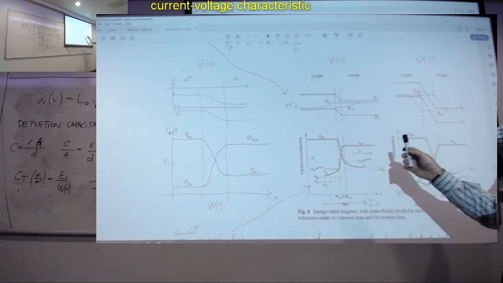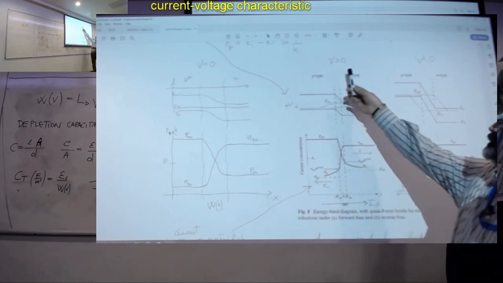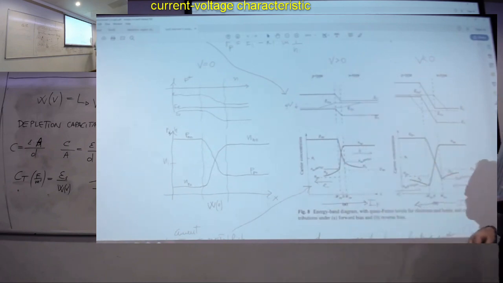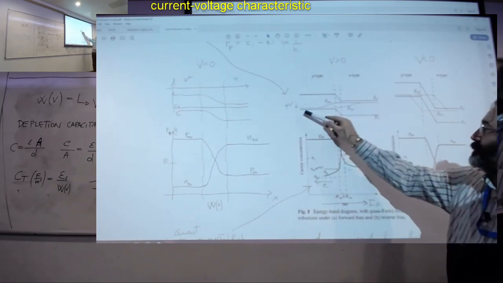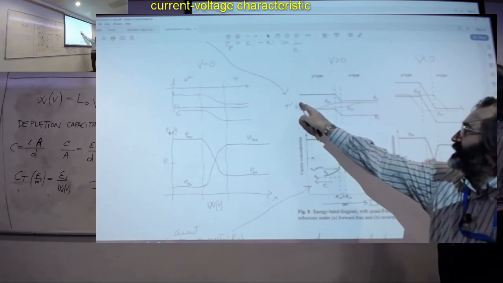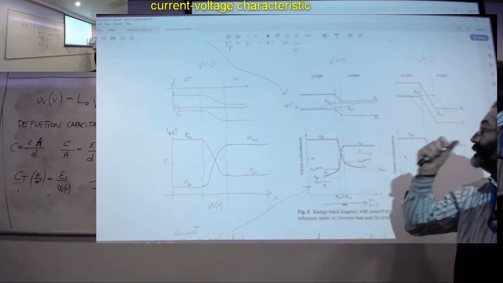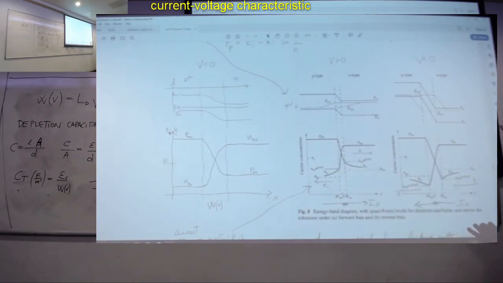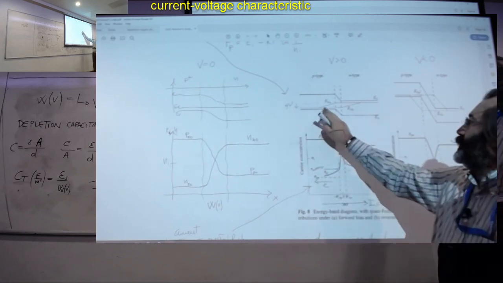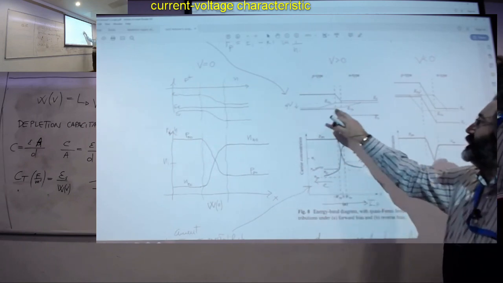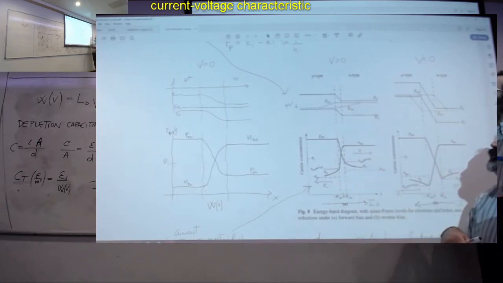Now, when we consider forward bias, you can see here there is a small forward bias. The Fermi level here has come down a little bit. Because we are in this non-equilibrium condition and we want to introduce quasi-Fermi levels, how do we introduce them? It all comes down to drawing these lines that have been drawn here.